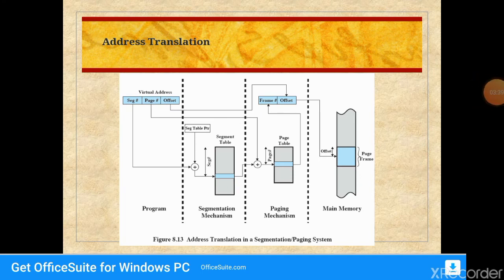From the page table, the corresponding frame number is retrieved, and by adding the offset with the frame number, finally we retrieve the physical address of the instruction that is to be executed by the CPU.